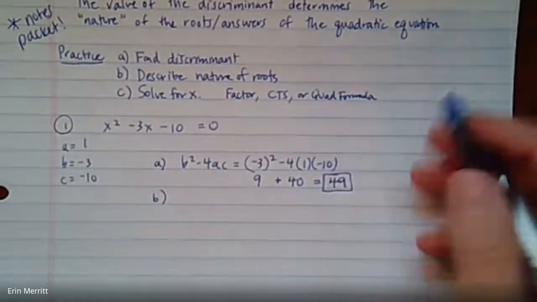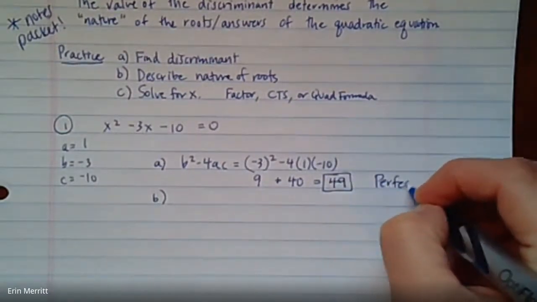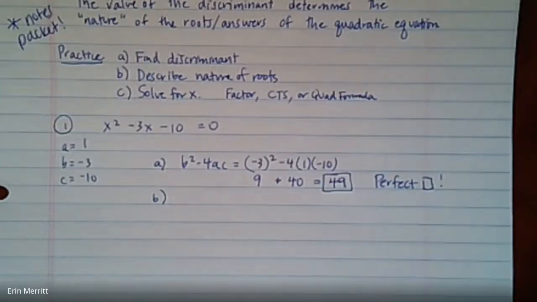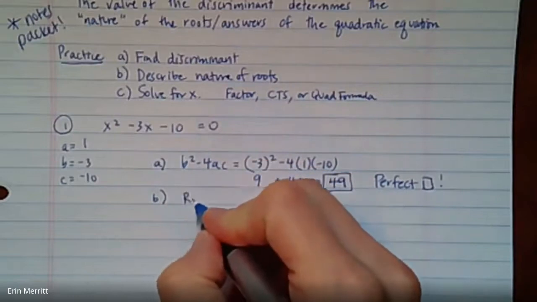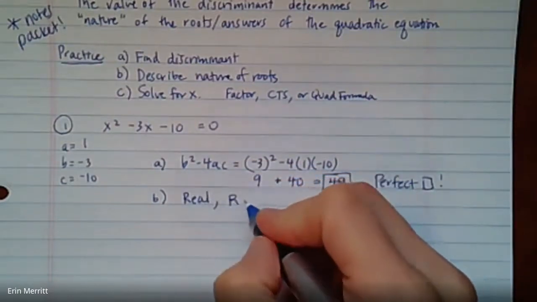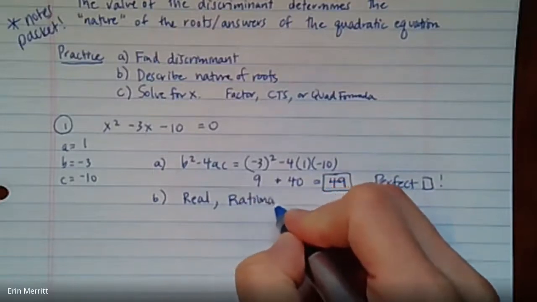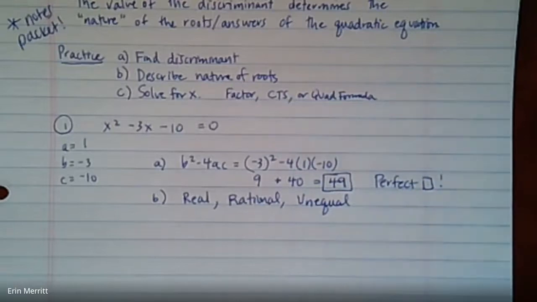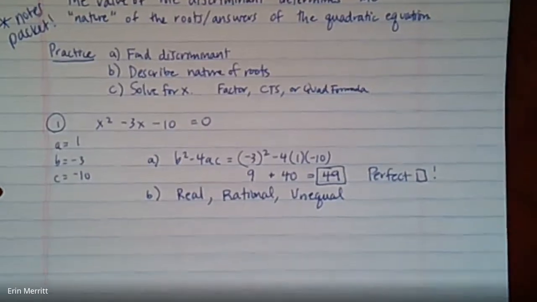Part B now says describe the nature of the roots. Well, what I care about here is that this was a perfect square. So if it was a perfect square, I'm going to be able to take the square root. I'm not going to have a radical left. So that was case 1: they are real, they're going to be rational, and they'll come out different, because one will be plus the square root of 49, the other one will be minus the square root of 49.